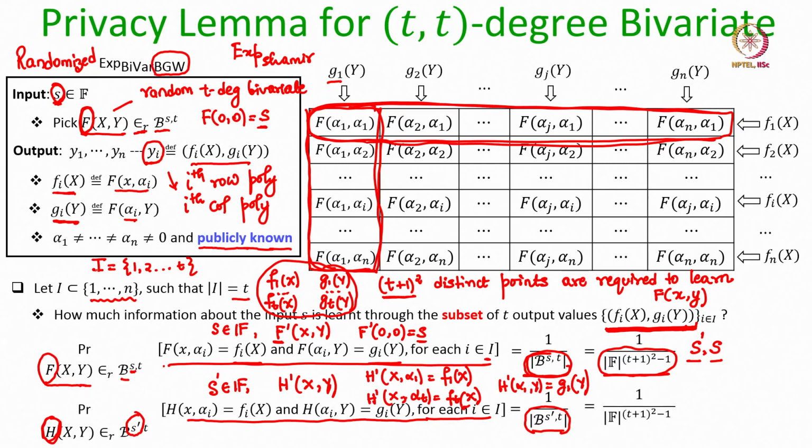Well, again I stress that for simplicity, for the t output values for which we want to prove this lemma, I have fixed those t indices to be 1 to t, but this lemma holds for any subset I which is a proper subset of the index set 1 to n, such that the cardinality of the index set I is t.